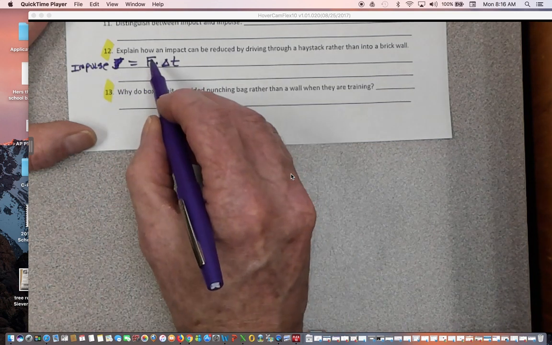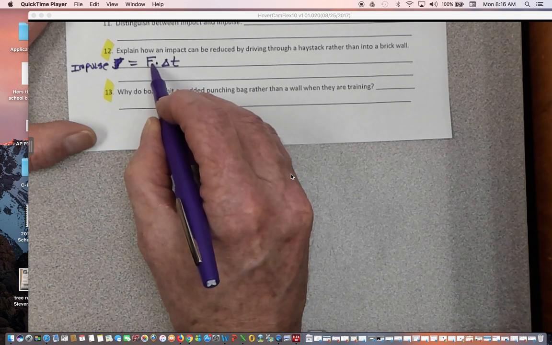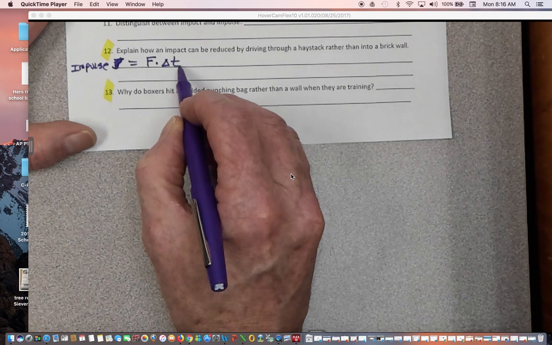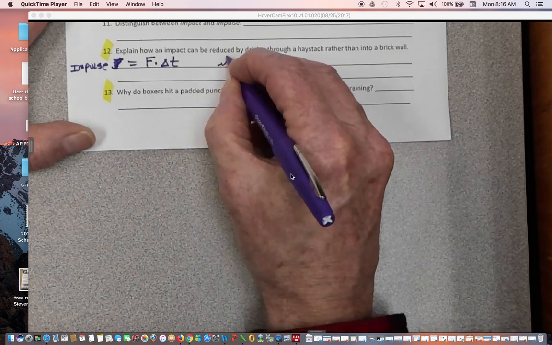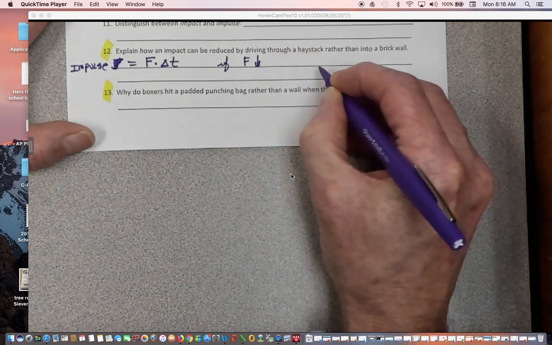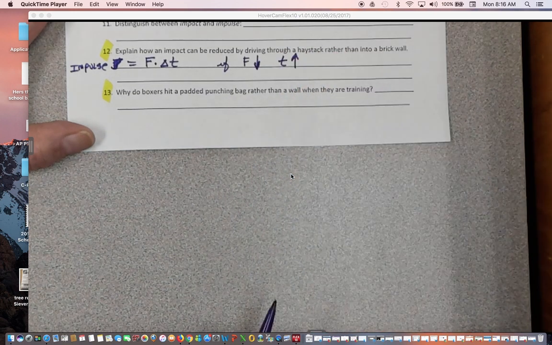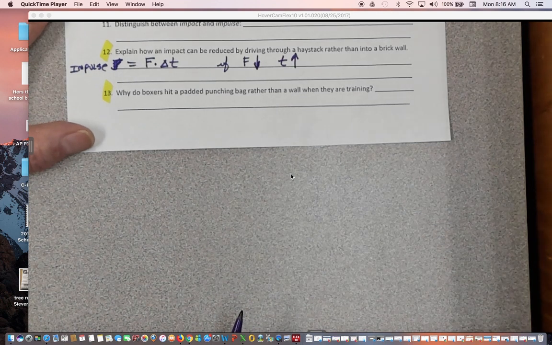If I want force to go down, then what has to happen to time? If force is going to decrease, then time has to increase to balance it.